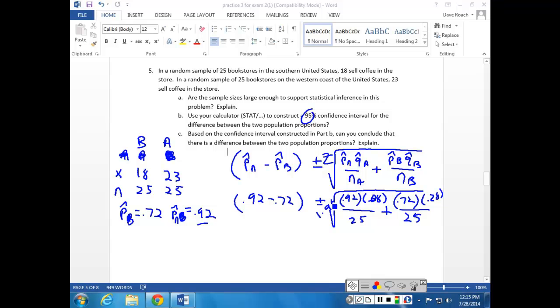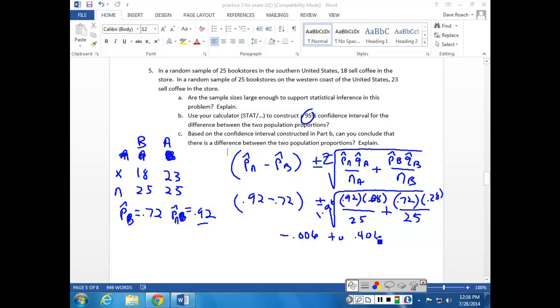and this one's going to be close. I'll check my stuff on my calculator in a minute, but I'm getting minus 0.006 to 0.406. I'm putting that in my calculator. Stat tests. I'm going to go down to option B, 2 proportion Z interval.